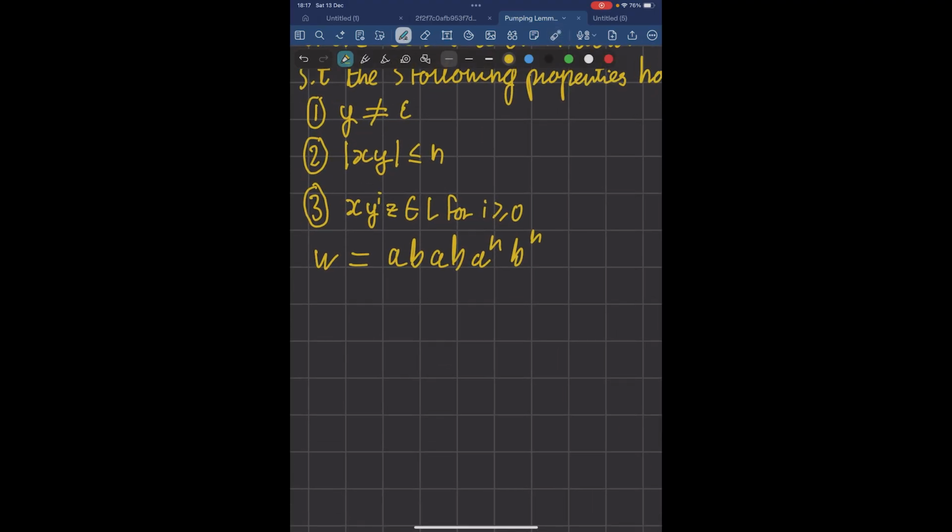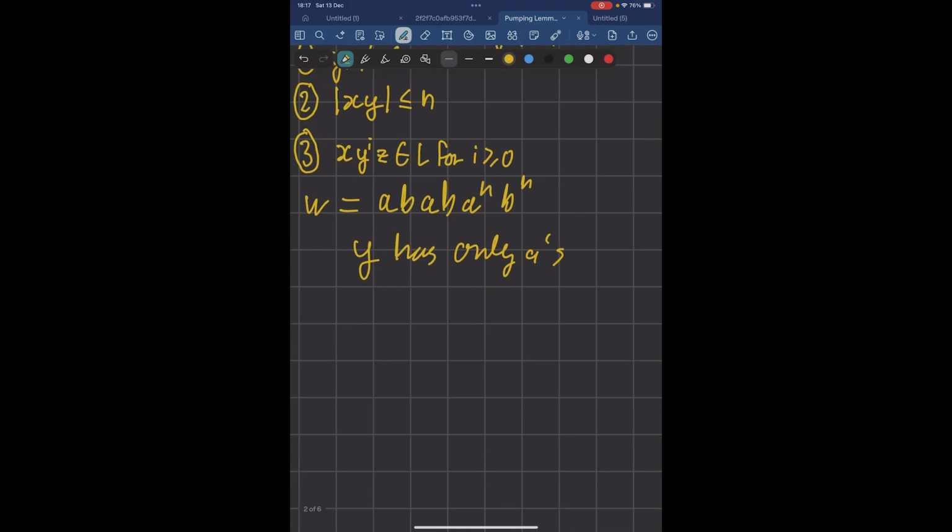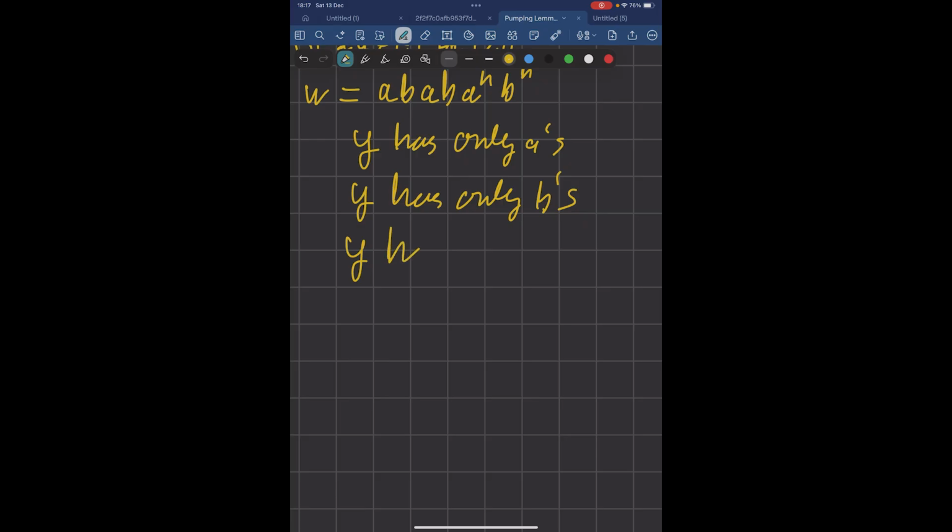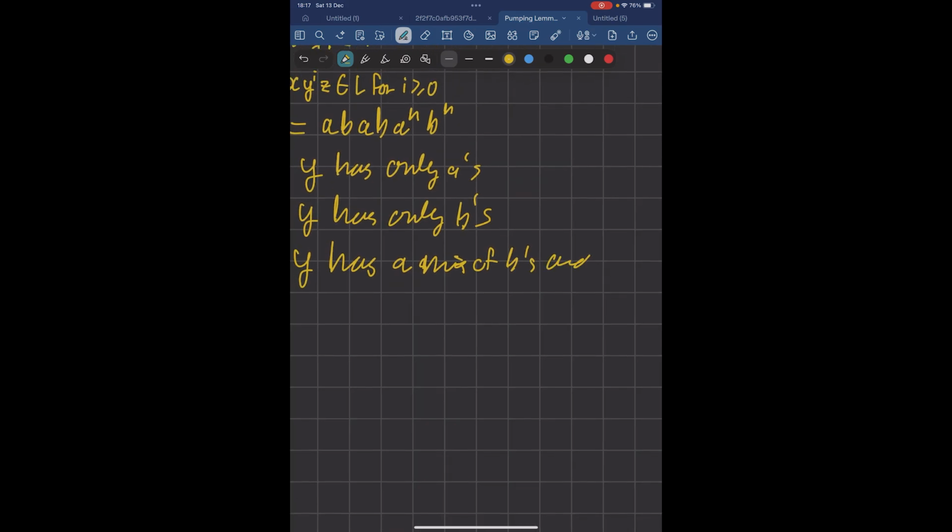In this case, we have to consider the breakdowns where y has only a's, the breakdowns where y has only b's, and the breakdowns where y has a mix of b's and a's.